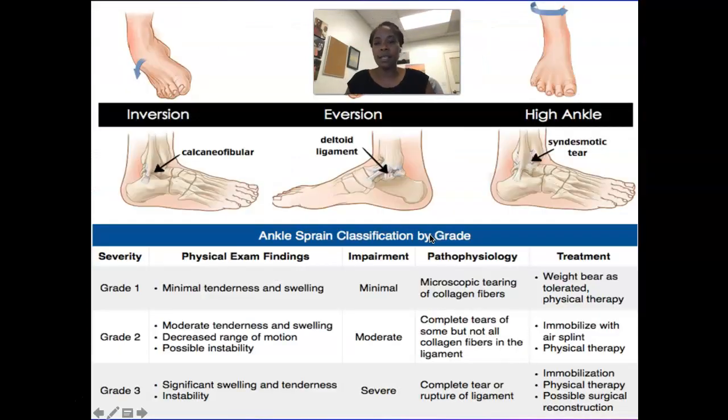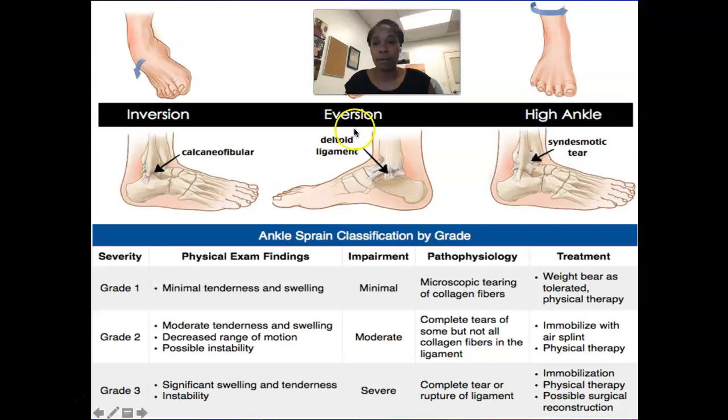So let's take a look at this slide right here, because one of the questions that I always get asked is like, well, how do we grade a ligamentous injury? Like, is it a grade 1, grade 2, grade 3? And so this is a catch-all. Certainly a patient might present to you and look a little bit differently, but if we're talking about the standard right now in terms of grading ligamentous injuries in the ankle itself, then this is what we look at.